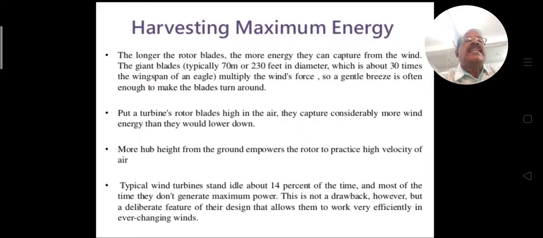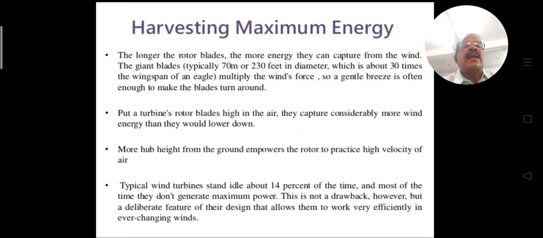So a gentle breeze is often enough to make the blade turn. Put a turbine's rotor blades high in the air and they capture considerably more wind energy than they would lower down, and more hub height from the ground empowers the rotor to use high velocity air.